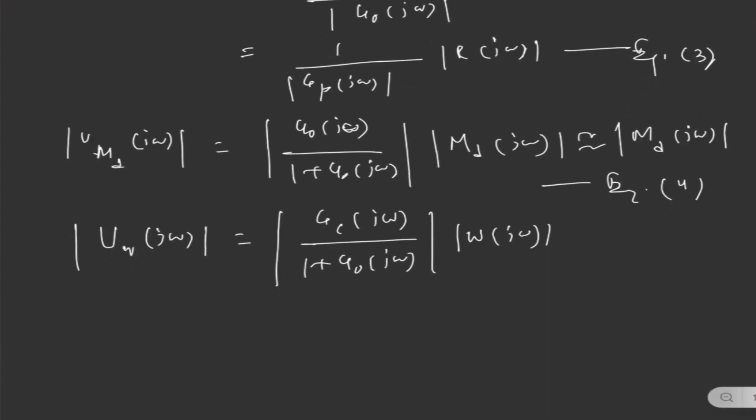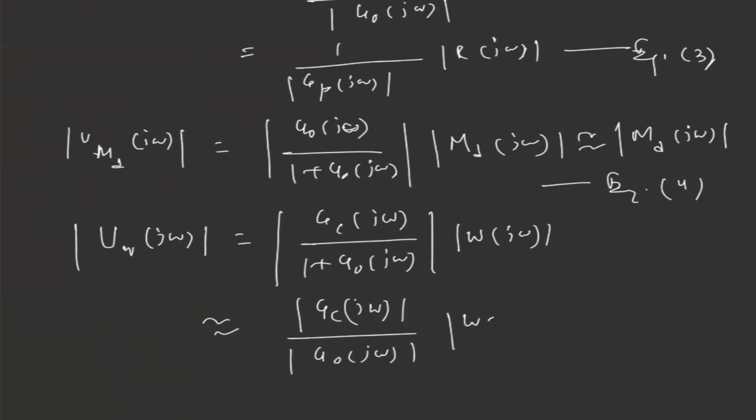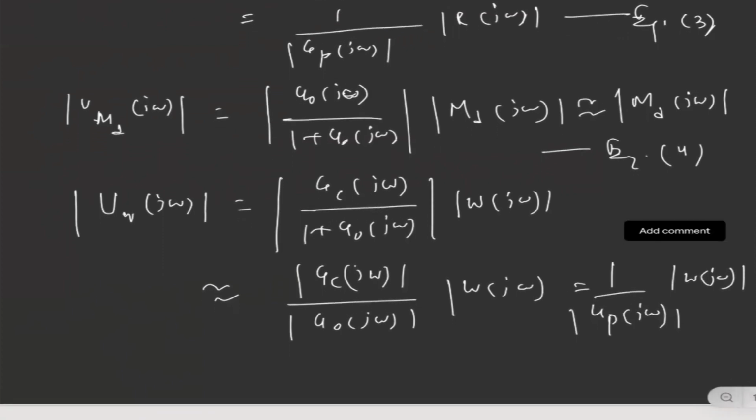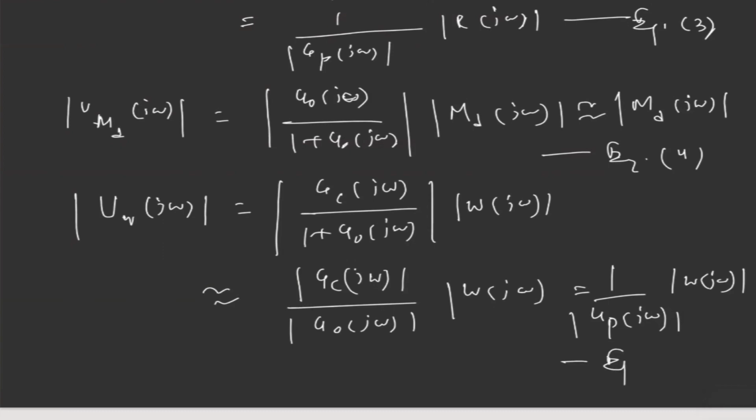And for the large gain, we can write equivalently GC(jω) divided by G0(jω), W(jω), or you can write 1 by GP(jω) into W(jω). And let me denote this equation number 5.